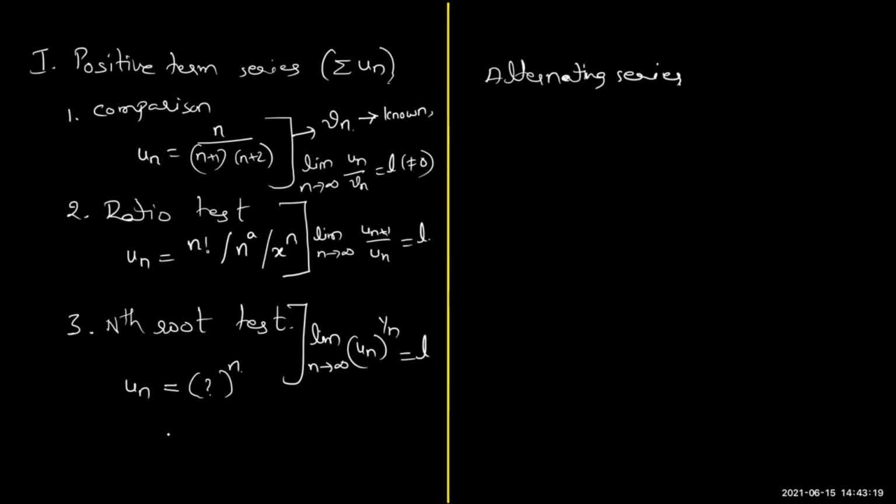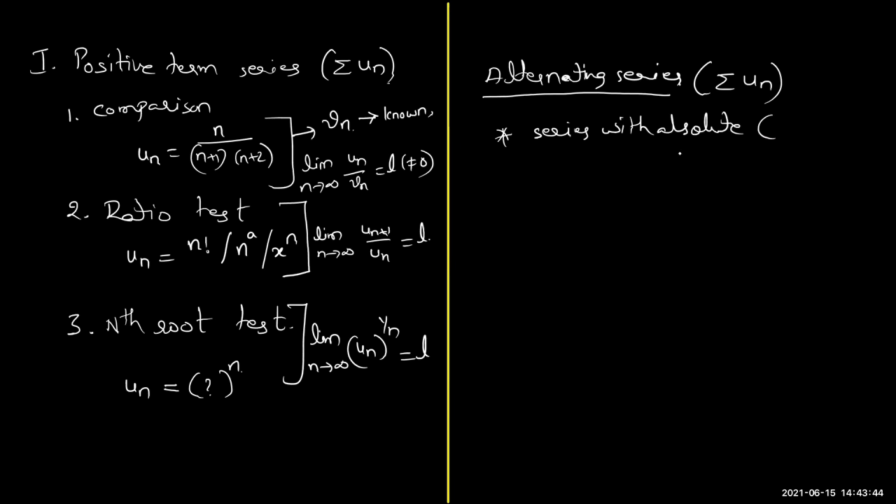Now, in case you are given an alternating series, remember, in an alternating series you will find alternately plus and minus symbols. For example, if you are given the series summation u(n), then immediately you need to choose the series with absolute terms. In the sense, we need to take it as summation mod u(n).